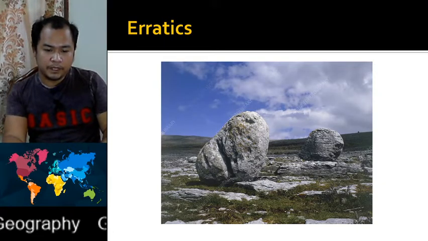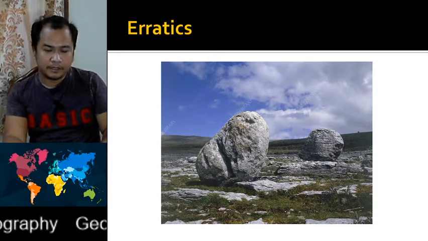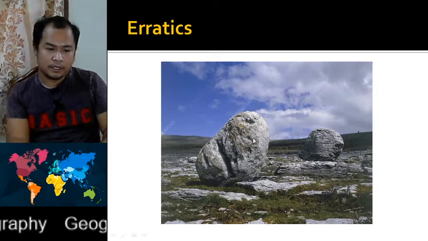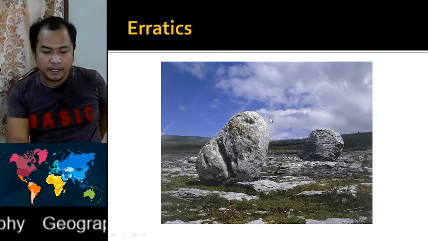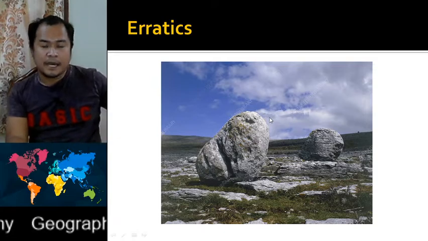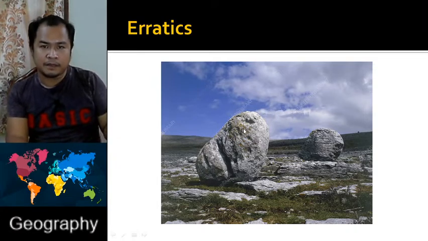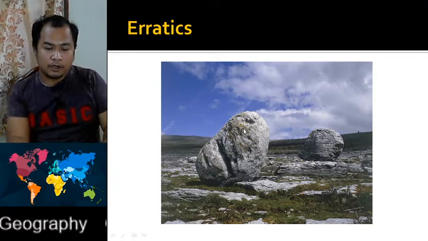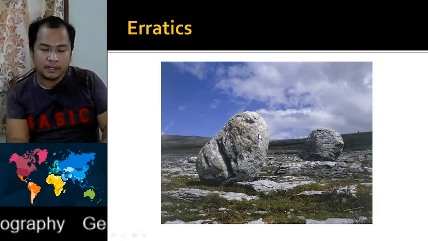The next two will be caused by deposition. So these erratics, or large boulders of rocks, are just left behind. They have traveled great distances, carried by glaciers during the glacial period.